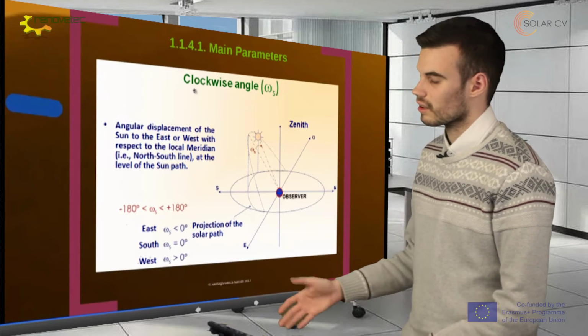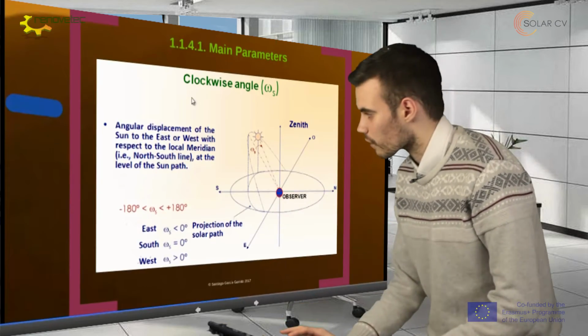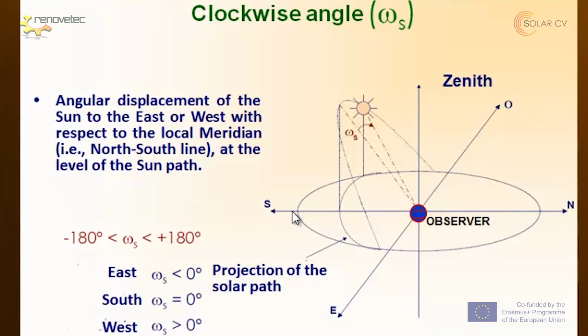We have clockwise angle. This is a little difficult to understand, because we have our north and south line, and the clockwise angle is the angle we need to move our sun to this north-south line, and this is going to be 180, i.e. pi radians, if the sun is here, because we need to measure this angular distance to the south, and if the sun is here, it's going to be minus 180, i.e. minus pi radians.